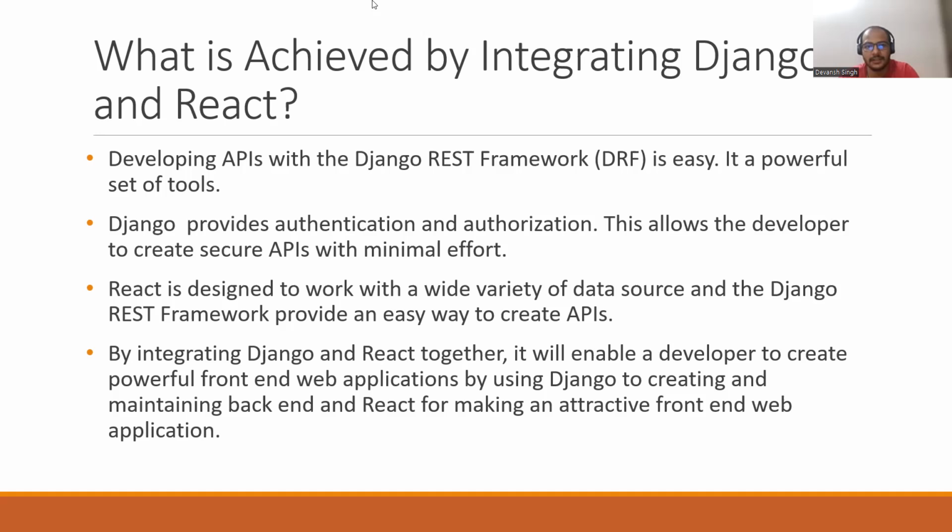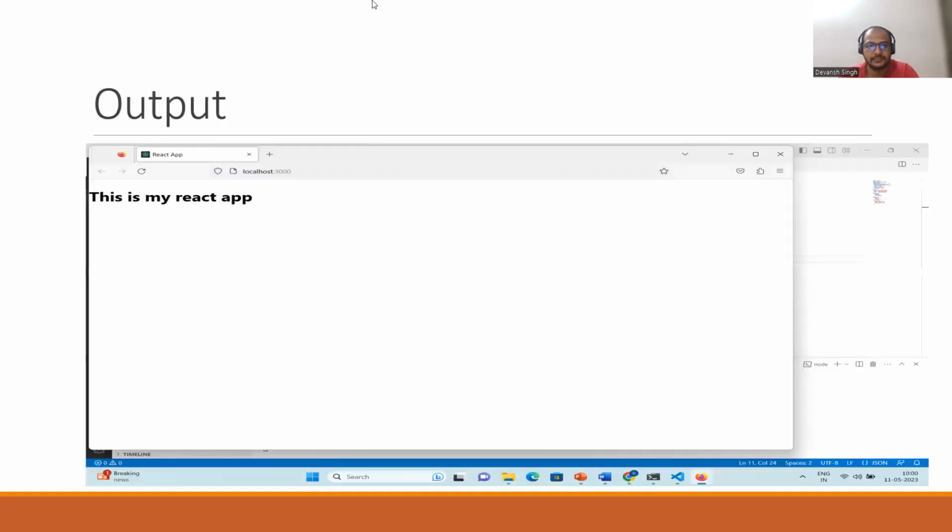This allows the developer to create secure APIs with minimal effort, as all the libraries and functions are mostly inbuilt. By integrating React and Django together, a developer can create and maintain the backend using Django, and use React for making an attractive front-end web application.